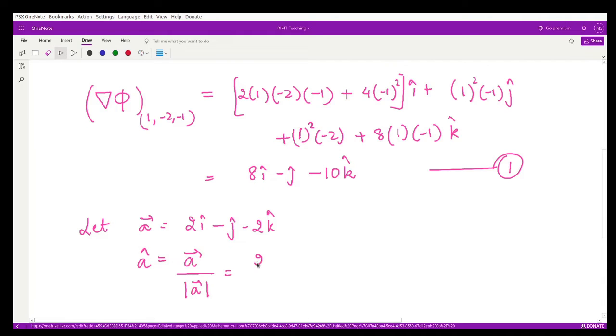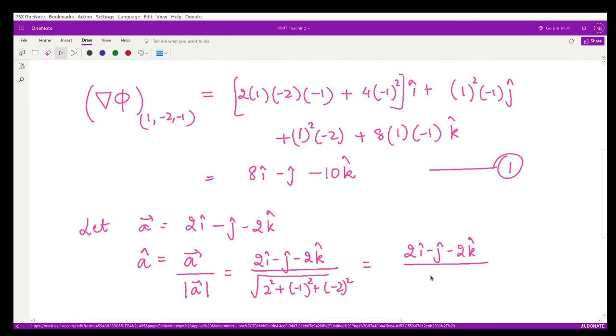So this would be equal to 2i cap minus j cap minus 2k cap divided by the square root of 2 square plus minus 1 square plus minus 2 square, that is the square root of 4 plus 1 plus 4. So this would be equal to 2 by 3 i cap minus 1 by 3 j cap and minus 2 by 3 k cap. Now this is your equation vector 2.